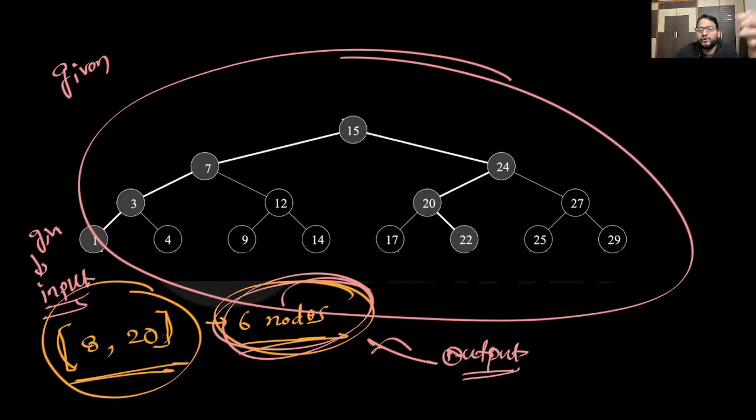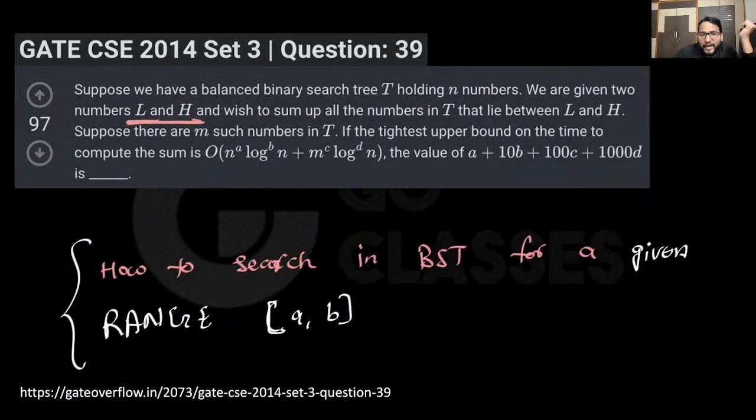If you can count it, you can sum it, you can print it. Suppose that there are m such numbers. Then what is the time complexity that you will be taking? That is the question they have asked.